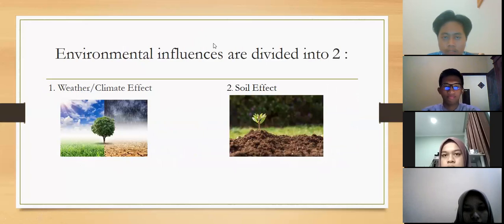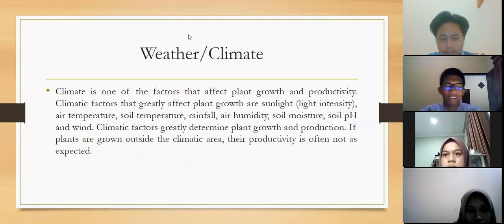Environmental influence is divided into two sides. Side one is the weather or climate effect, and side two is the soil effect. Weather or climate. Climate is one of the factors that affect plant growth and productivity.